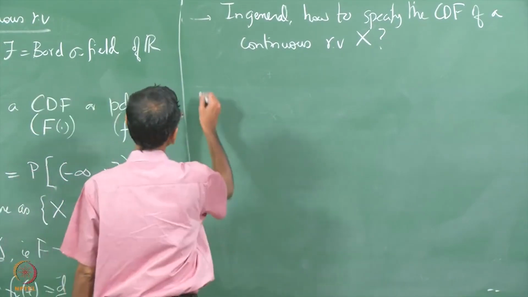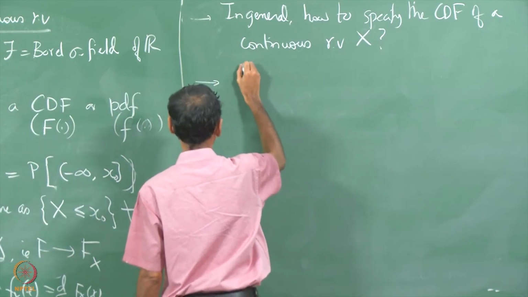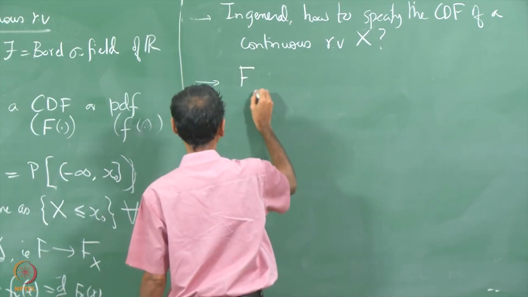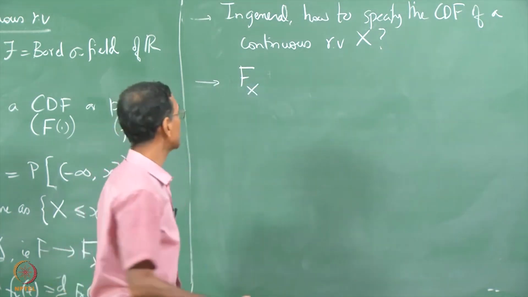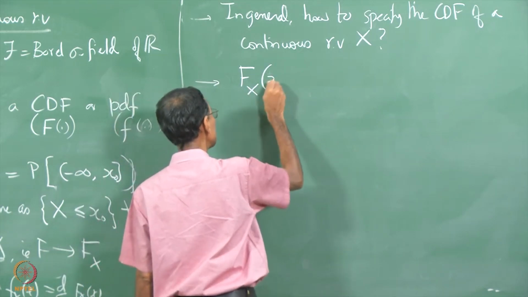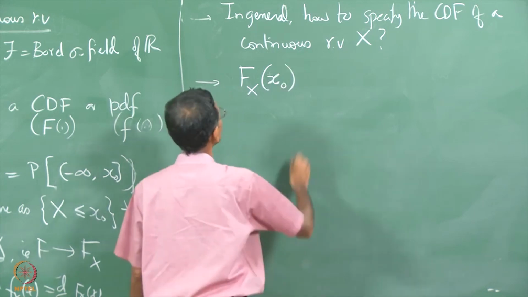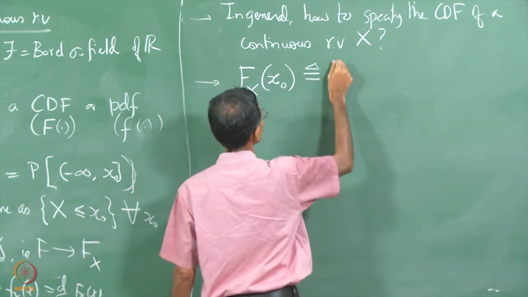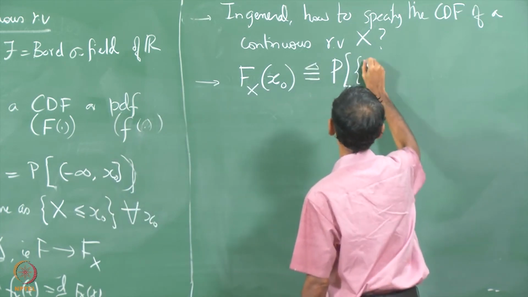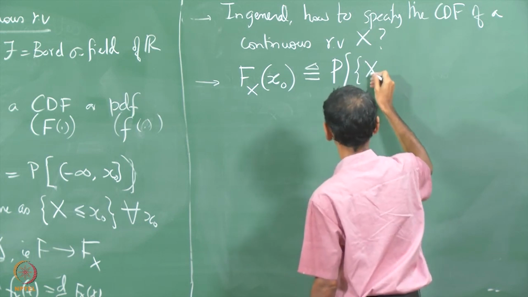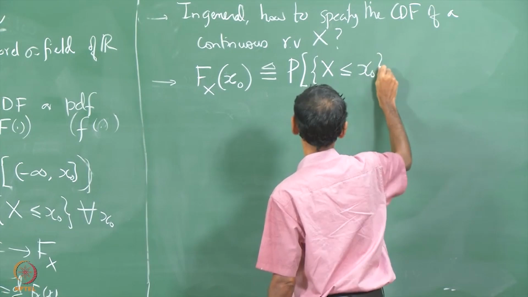Basically you do it using the definition of a CDF. This F, the CDF of X, denoted by capital F subscript X, at any real argument x naught, is defined to be the probability that X takes a value no bigger than x naught.